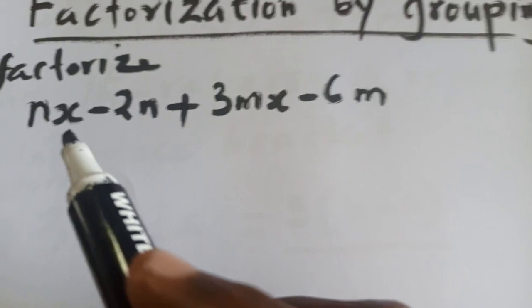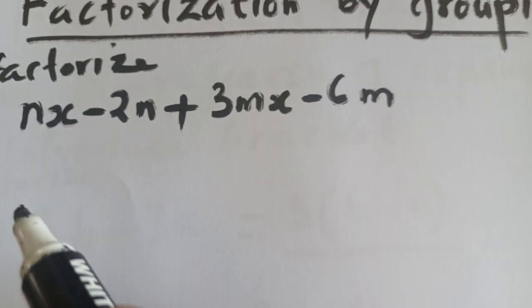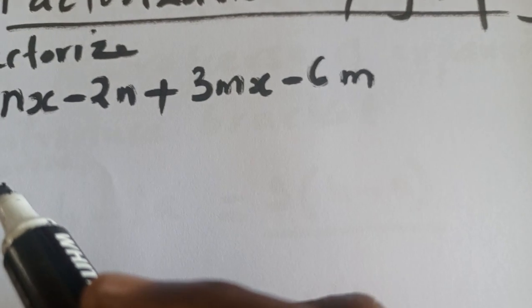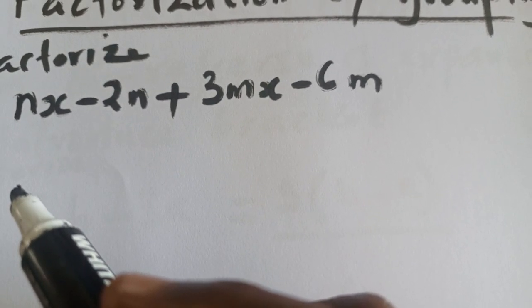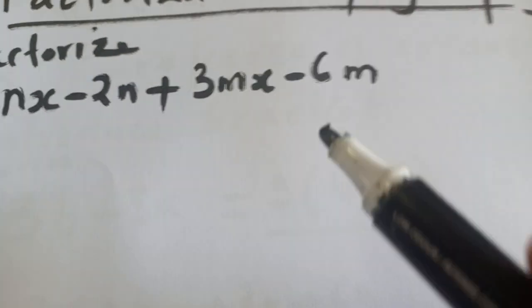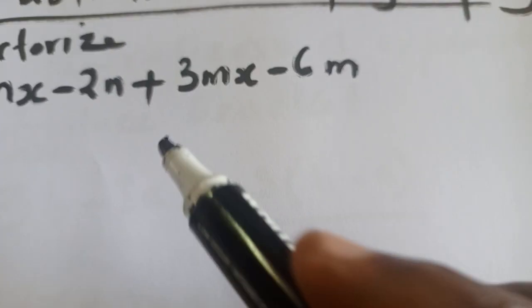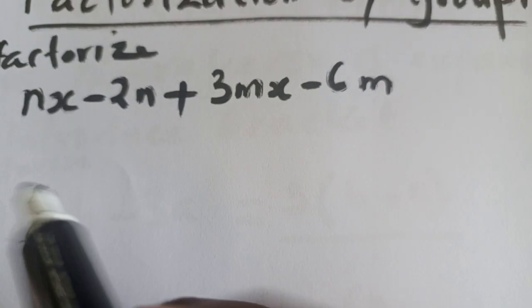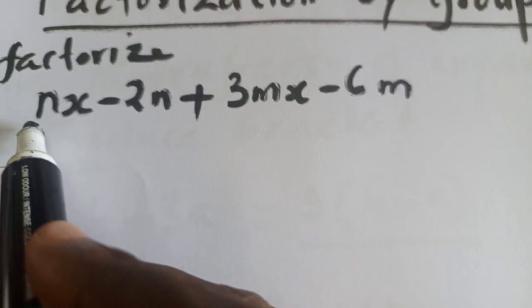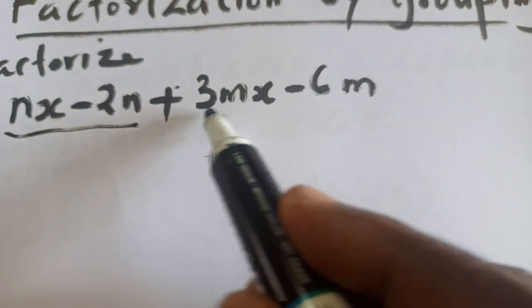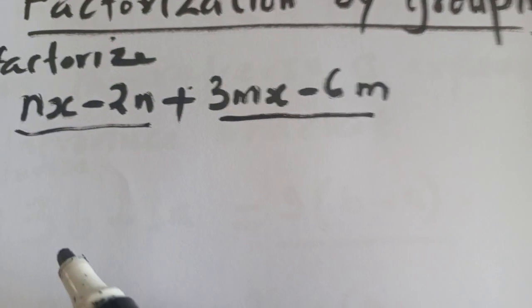The grouping is done by pairing, in other words, putting the terms into groups of 2. You can either reorganize the terms or use them as they are. In this case, I want us to use them as they are. So I would first of all take the first 2 terms and then have another group of the second 2 terms.